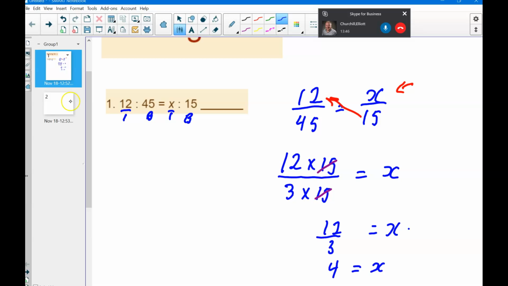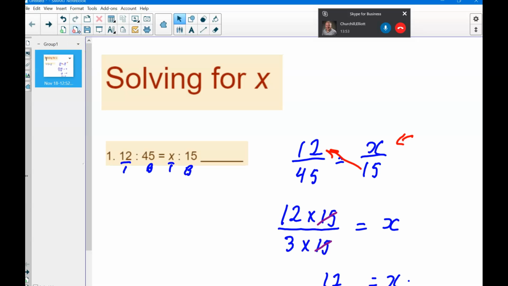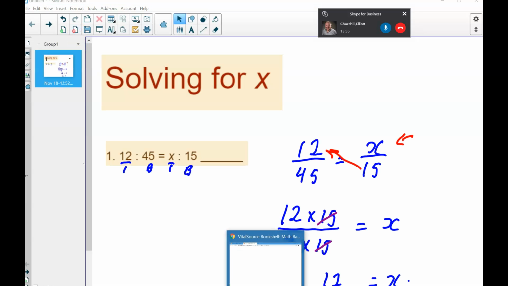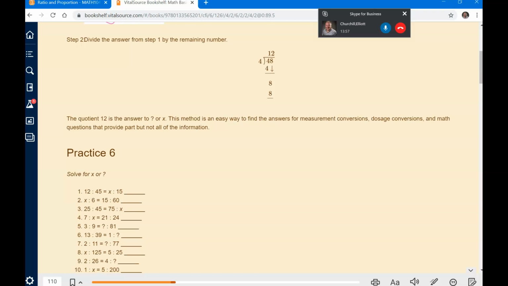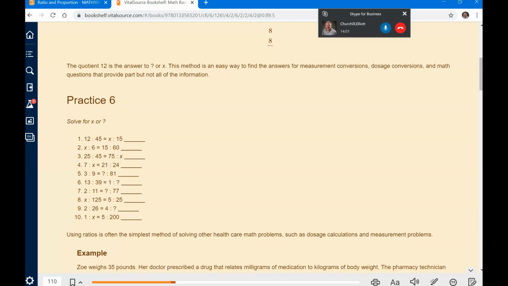Let's try another one. How about this one here? When the x is on the bottom, let's try this one.